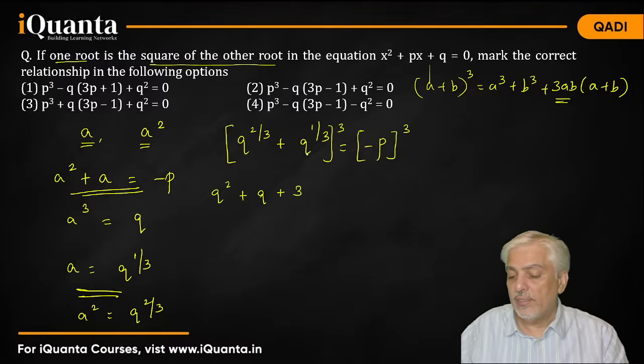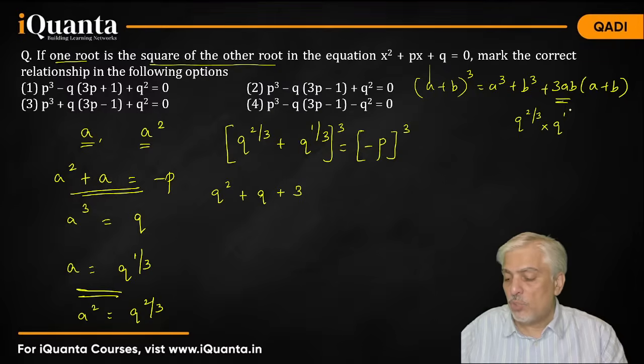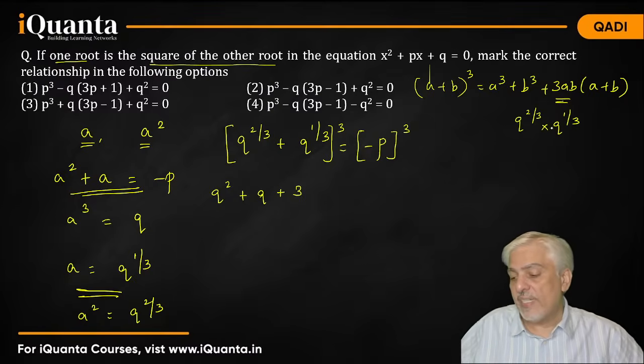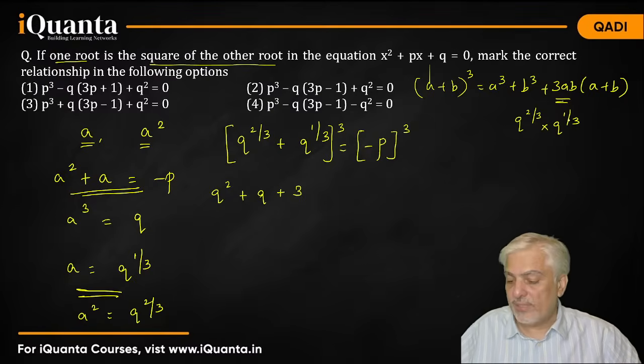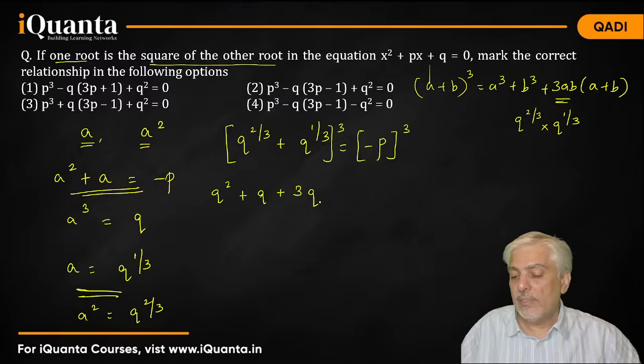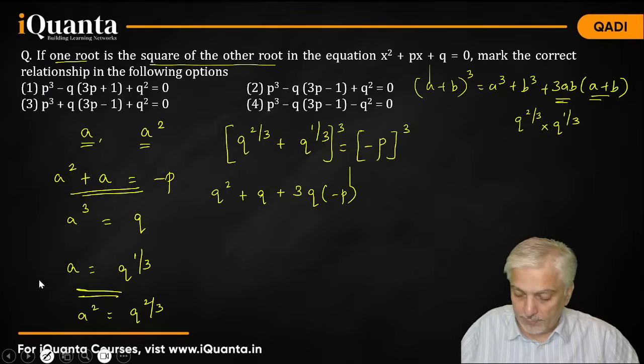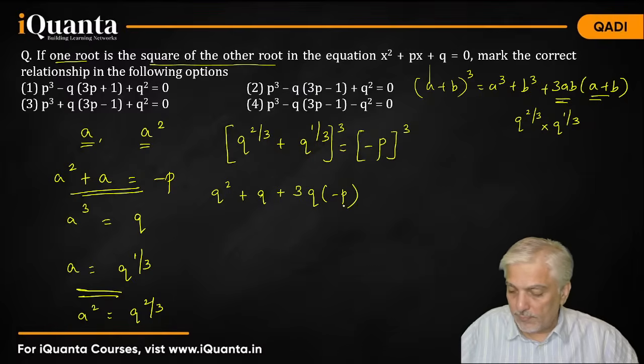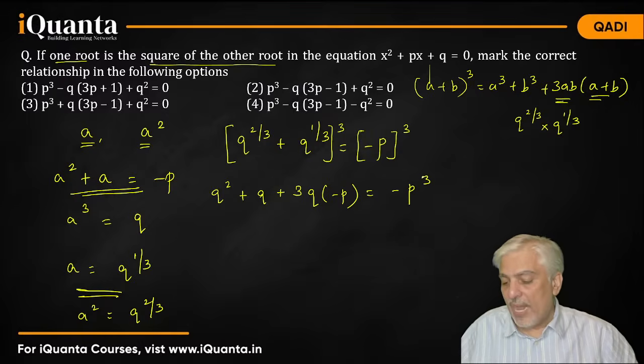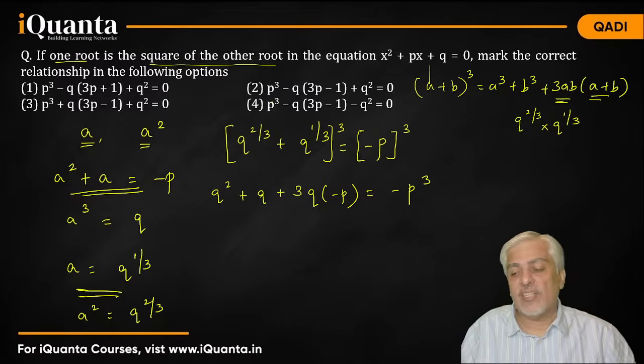Q raised to 2 upon 3 multiplied by Q raised to 1 upon 3, using indices, that will become Q raised to 3 upon 3. That will become Q, into a plus b. A plus b was originally negative P only. So instead of a plus b, again I'll write negative P, is equal to negative P cubed. You can now just simplify this and try to match the right option.